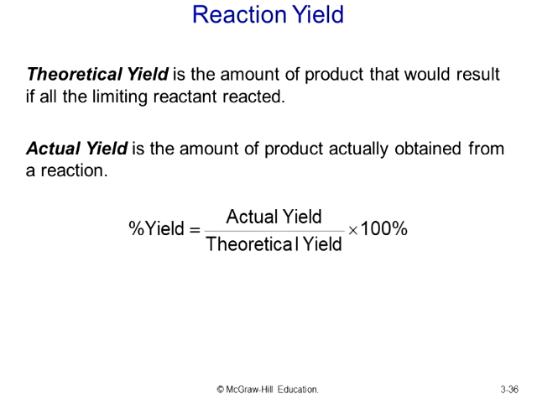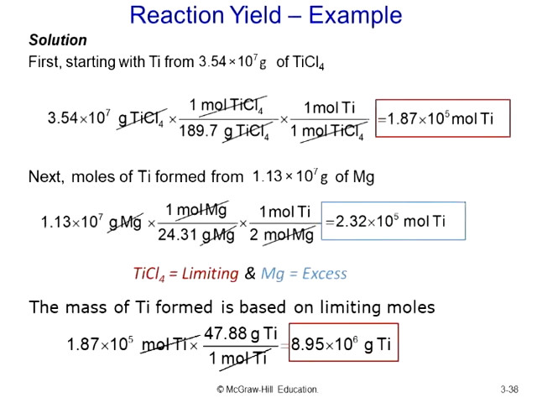We take the actual divided by theoretical times 100 and we get the percent yield. The amount in excess will be the difference between the amount of the excess reagent you started with minus the amount of reagent that was used. And that amount that's used will be based upon the limiting reactant.